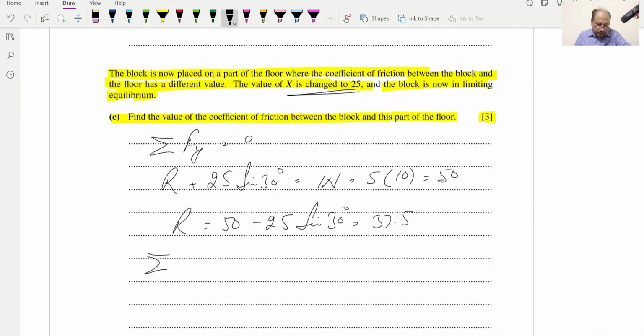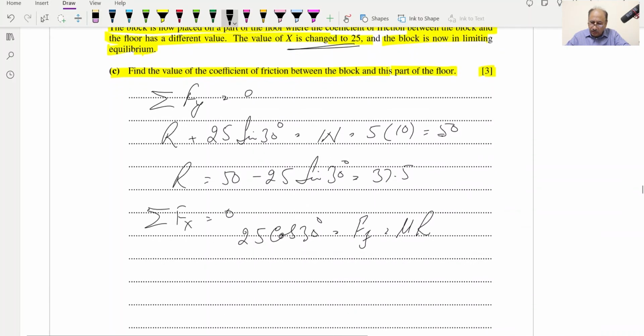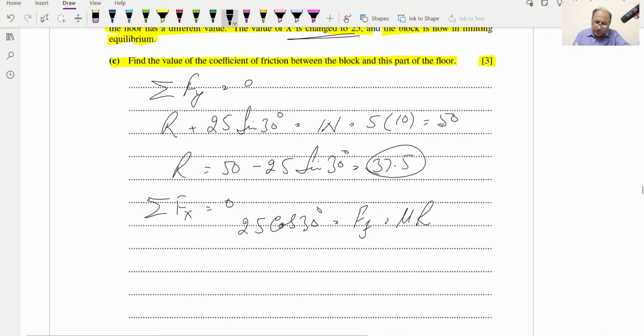Now we can resolve sigma Fx will be equal to 0, and this will be 25 cos of 30 degree will be equal to force of friction, and force of friction is equal to mu R, and the R value we just calculated, and we can replace. So it will be 25 cos of 30 degree will be equal to mu and 37.5.